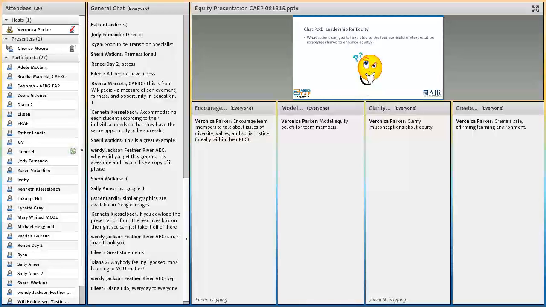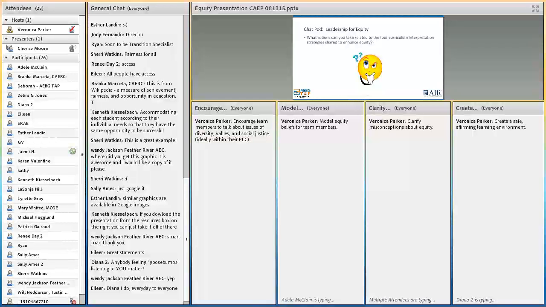And you'll see the 4 chat pods here on the bottom. It's an opportunity for you to take a moment, take a breath, reflect on the things that you've heard, and respond to each of those and think about what are some actions, because I want you to leave with something you can do as a leader for equity and focusing on leadership for equity. What actions can you take?